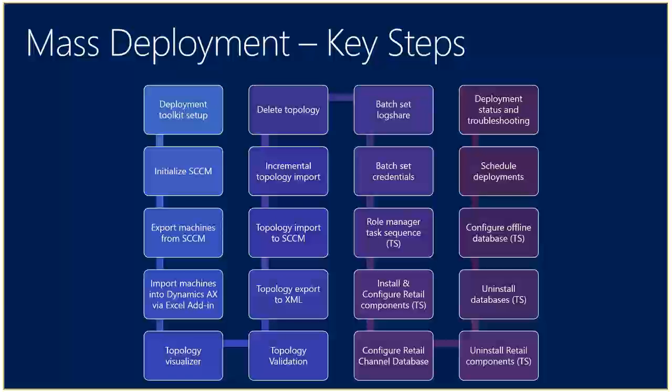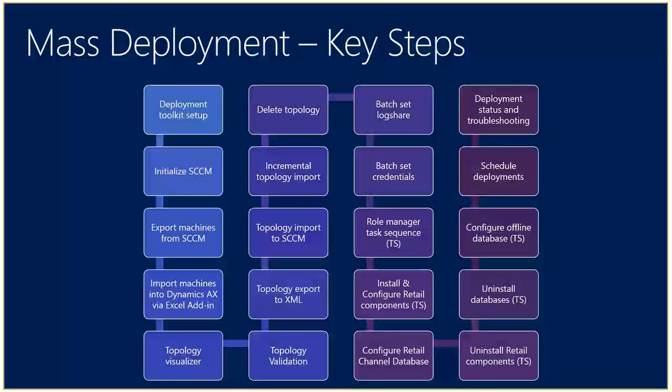So the ability here being to say, I want to install this, for instance, async client instance, and I want this async client instance Windows service to run as a specific user account. So you are able to not only set the credentials at a component level, but you can also set these at a higher level in the topology, so it can be applied broadly to a larger number of instances of specific components.